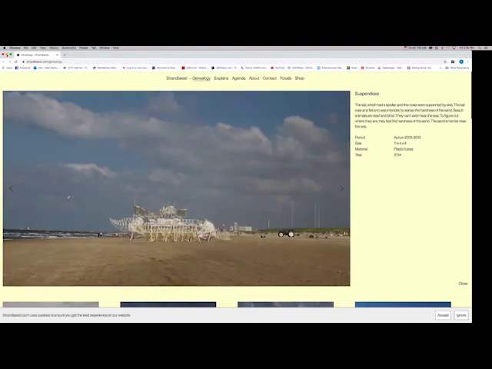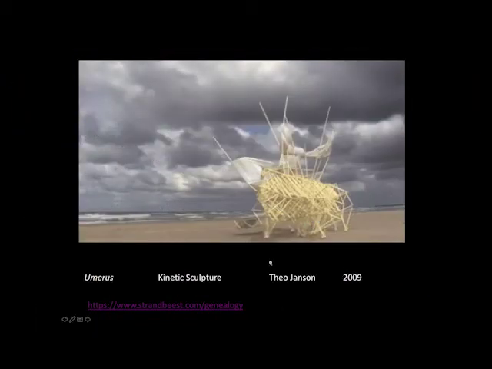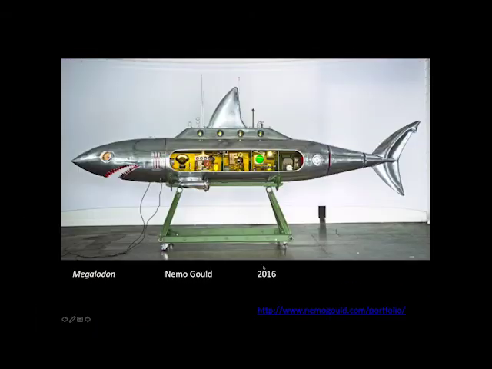Okay, and then the next and final kinetic sculpture. This is actually a former classmate of mine, Nemo Gould. He's headquartered out of San Francisco, and he has done lots of kinetic sculpture.